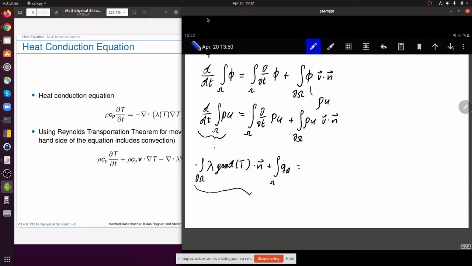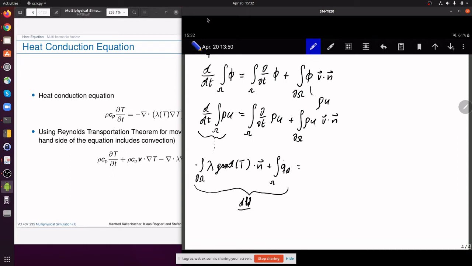By the way, this is dU over dt, so that's capital U, the total inner energy rate of change, is the right-hand side: the time derivative of, so that's the caloric law, rho Cp T plus the boundary term as we had it, over the boundary of omega, rho Cp T v, the velocity in n.